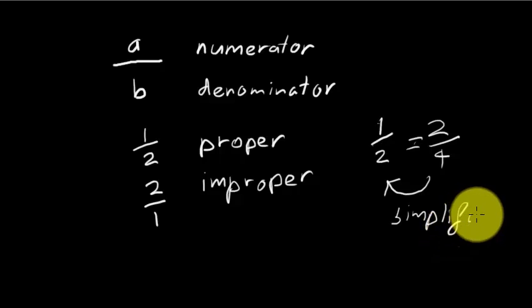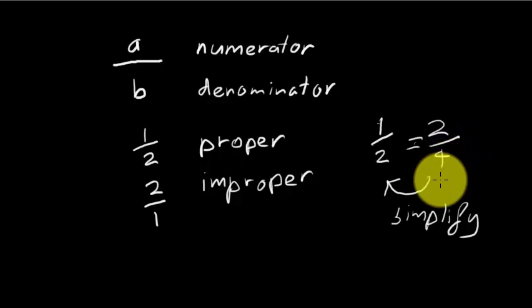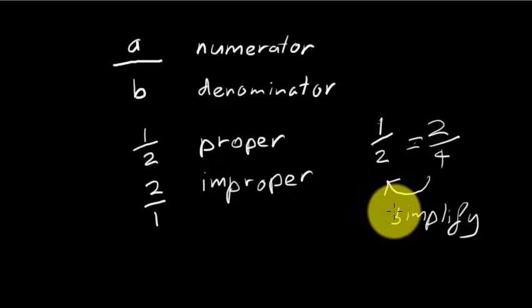Okay, so simplify basically means you're taking one fraction and you're converting it to an equivalent fraction, but that equivalent fraction has a smaller denominator. Okay, so that's the process of simplification.